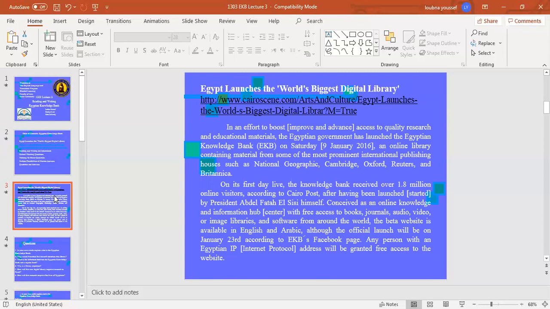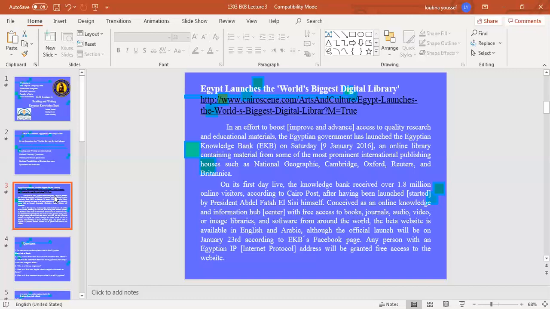An online library containing material from some of the most prominent international publishing houses, such as National Geographic, Cambridge, Oxford, Reuters, and Britannica.